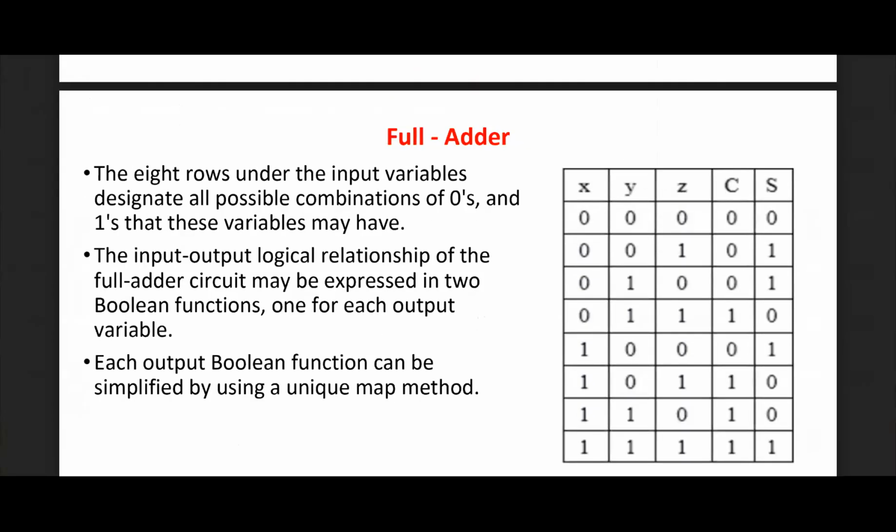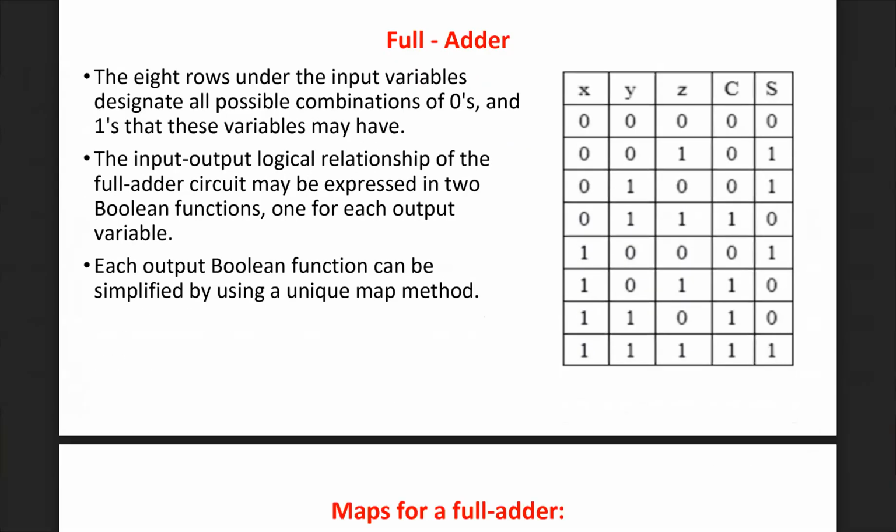So first draw the input table: 0 0 0, 0 0 1, 0 1 0, 0 1 1, 1 0 0, 1 0 1, 1 1 0, 1 1 1. This is my standard three input truth table. Once you enter it, you write the value of sum and carry after adding all those things.